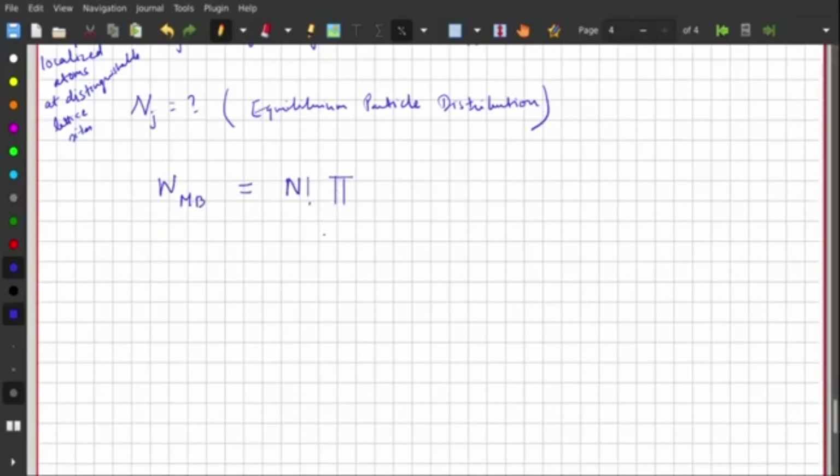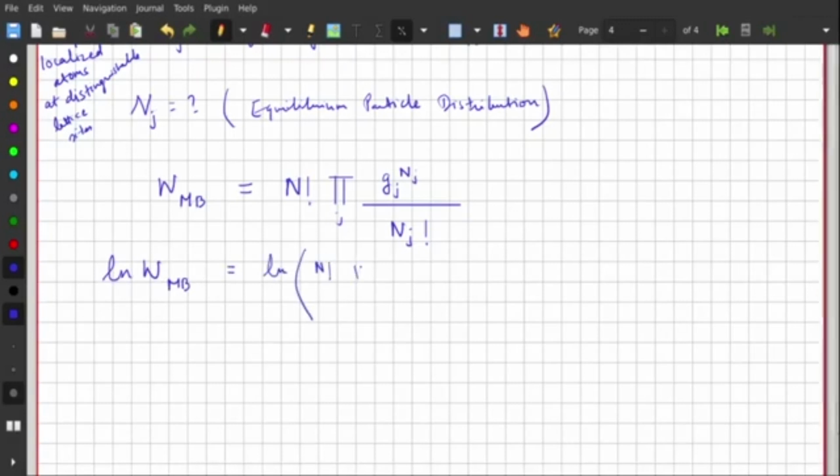of j, gj to the power nj divided by nj factorial. Okay, let's take the log of both sides, the log of W_MB, and this becomes log of n factorial times the product over j of gj to the nj over nj factorial.